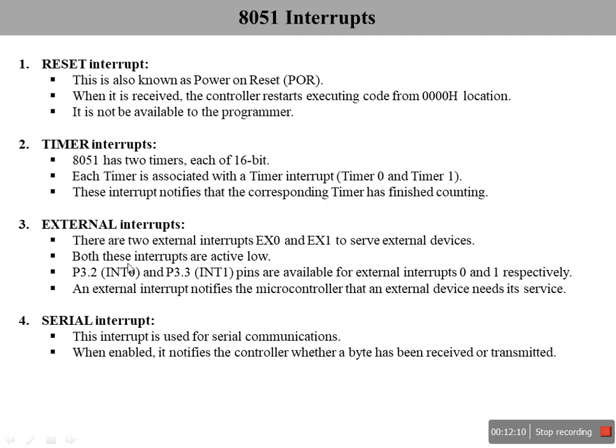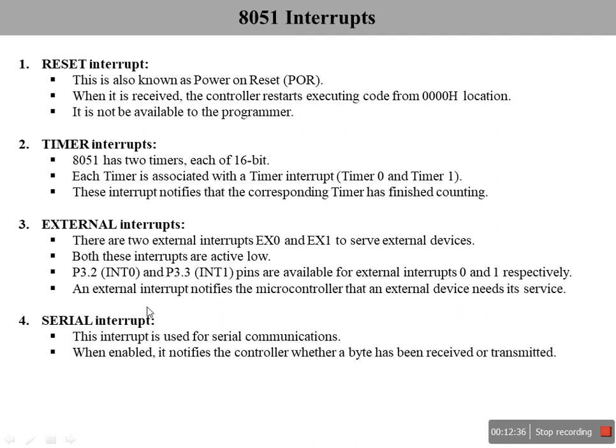Then the third type are external interrupts. There are two external interrupts, EX0 and EX1, to serve external devices. Both these interrupts are active low, and we have dedicated pins for them: P3.2 INT0 and P3.3 INT1 are available for external interrupt 0 and 1 respectively.